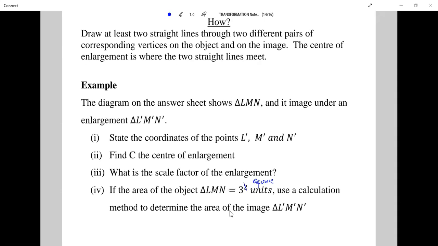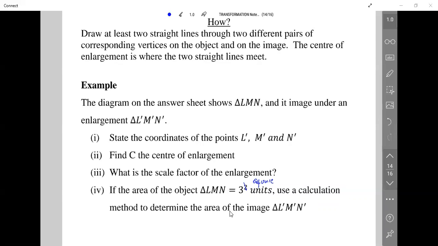So the area of the object triangle LMN is 3 square units. It says use a calculation method to determine the area of L prime, M prime, N prime. So those are the three things that we should do.